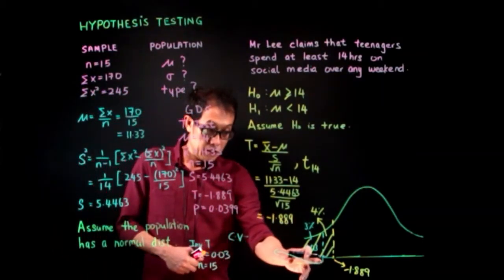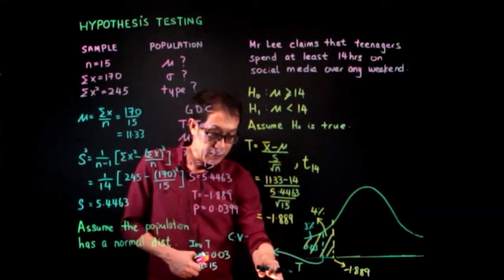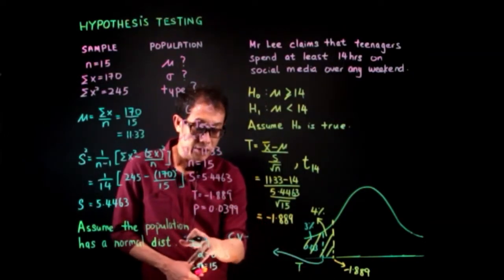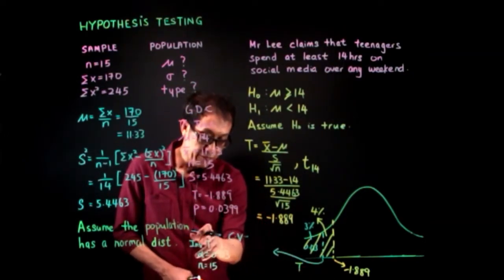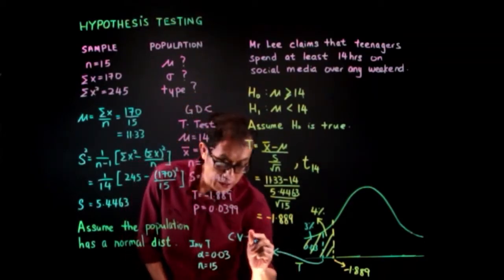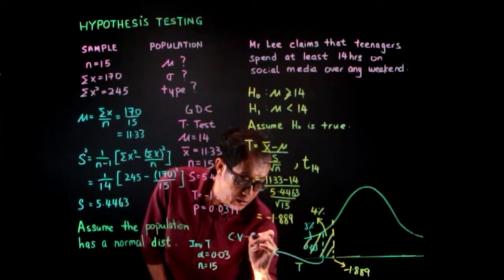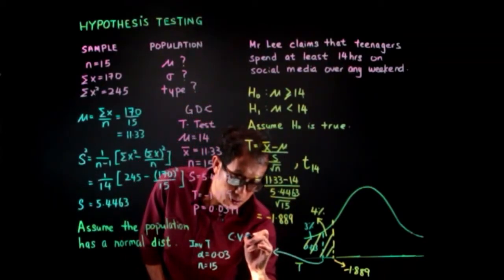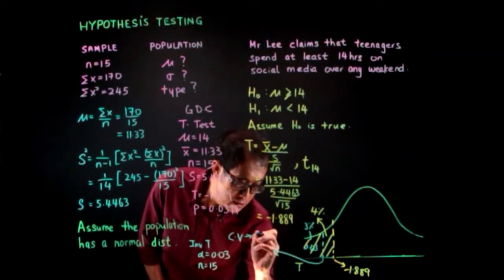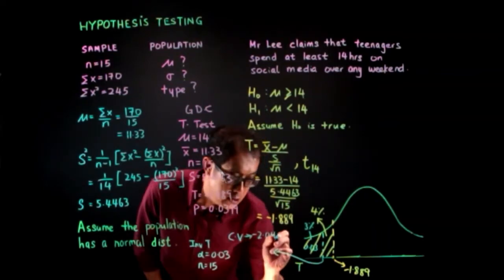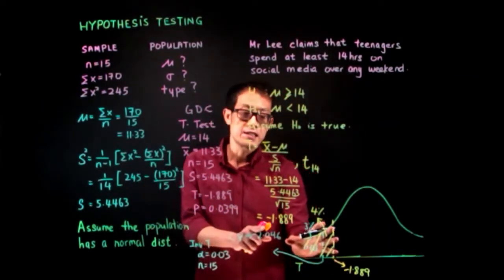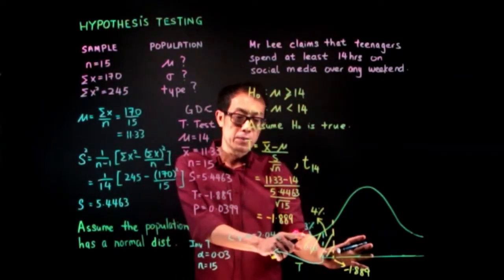You key into your GDC under inverse t distribution, and you will get this value to be minus 2.046.